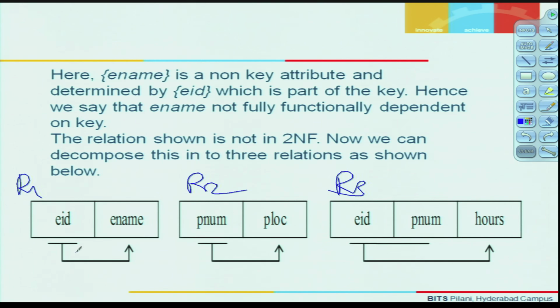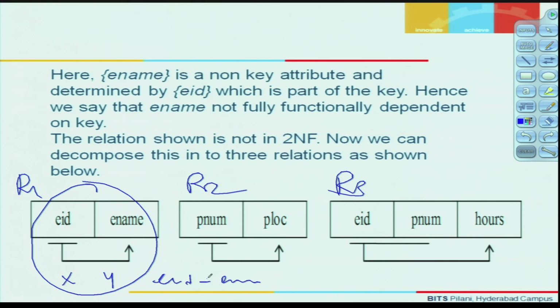Now, for the functional dependencies which violate the second normal form condition, we make the union of x and y and put them in one single relation. EID determines ename was a functional dependency violating second normal form; this is the x component, this is the y component. I have taken both of them together and put them in relation R1.